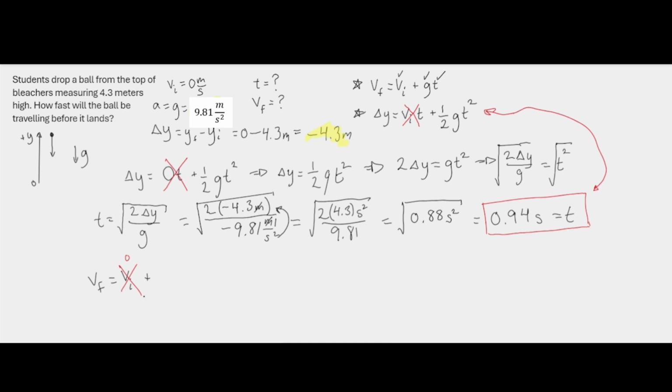What should my final velocity be? Well, if it's dropped from some position and it falls downwards, it's going to speed up until it hits the ground. So this velocity vector is going to increase over time.